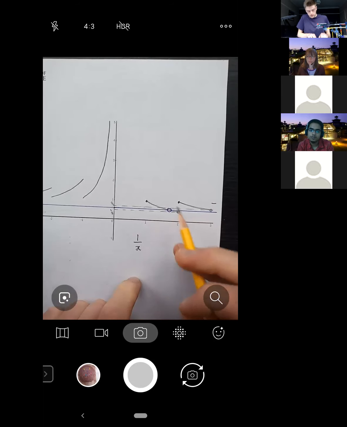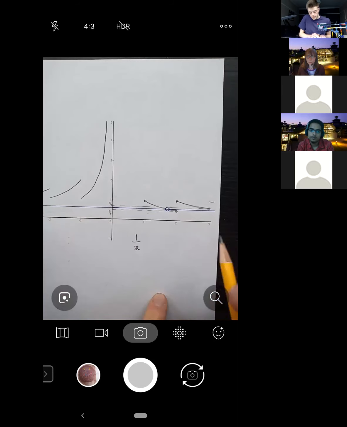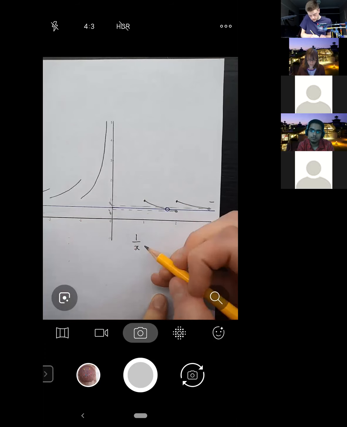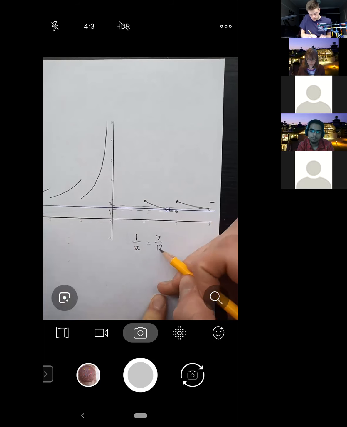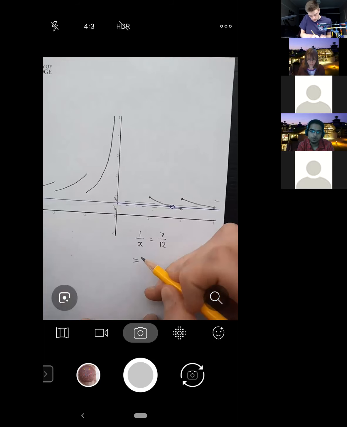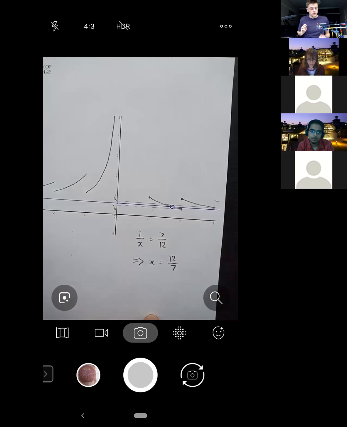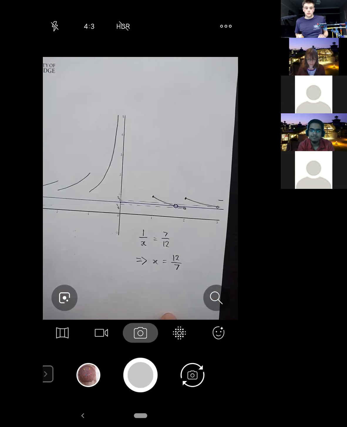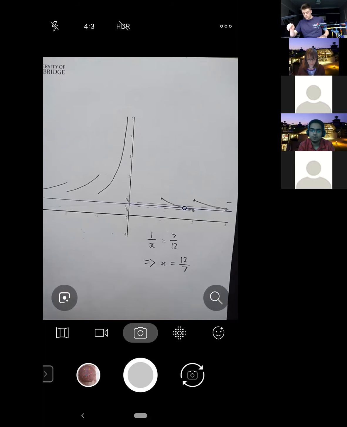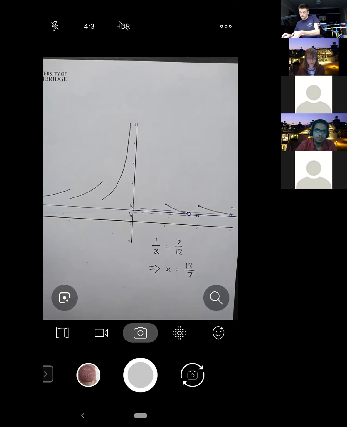In this bit, the graph looks like 1 over x, and we're just trying to find when 1 over x is equal to 7/12, and hopefully that means x is 12 over 7. Okay, fine.